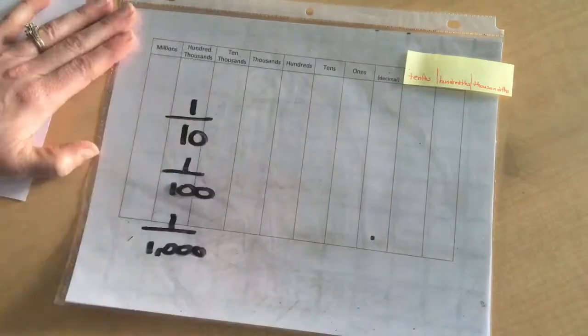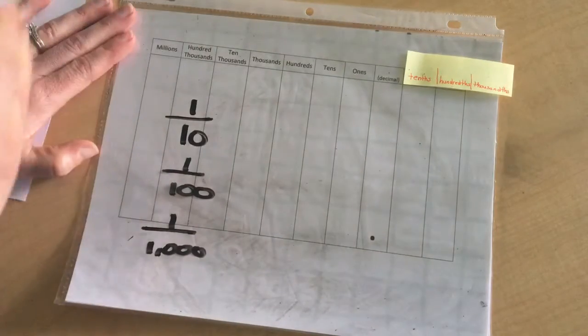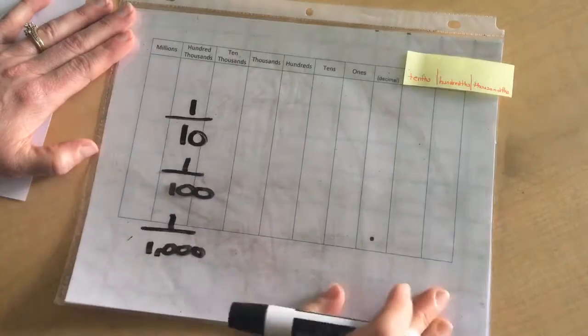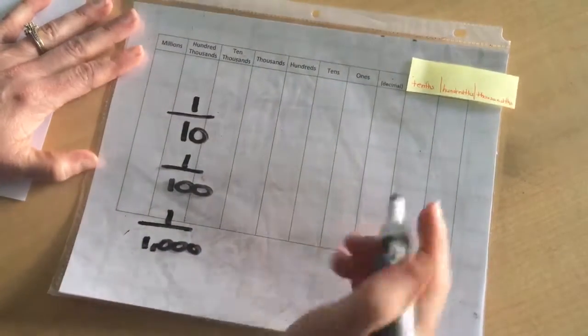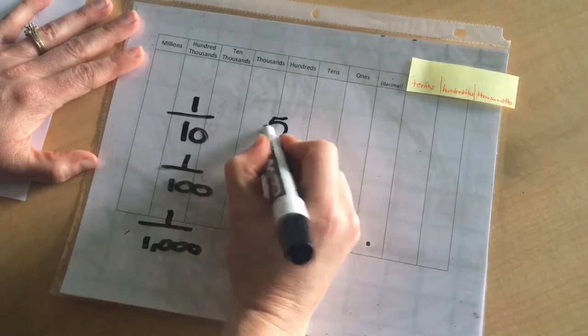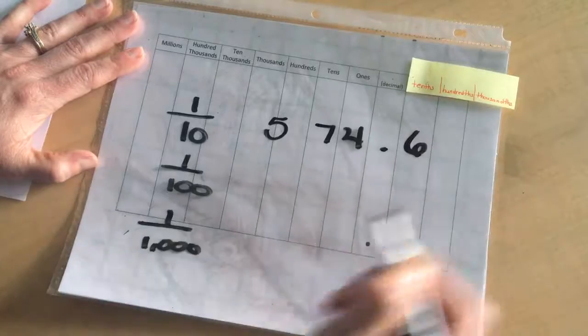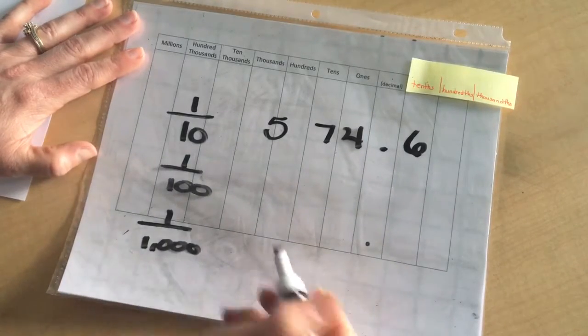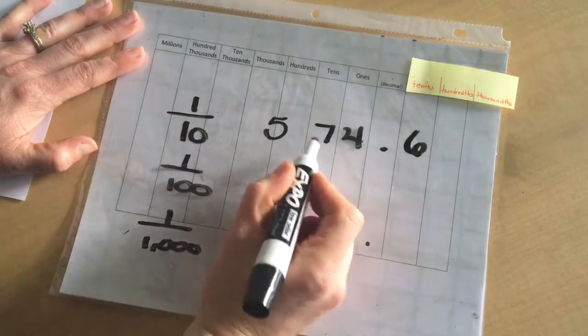So if I say that Mrs. Barnes is 1/10 as large as Mr. Barnes, that means that I'm less than him. So let's say that Mr. Barnes weighed 574 pounds and 6 tenths. I know, poor Mr. Barnes. I am 1/10 of that. Well, I don't weigh more than him.